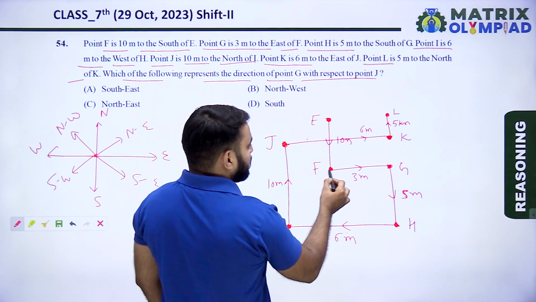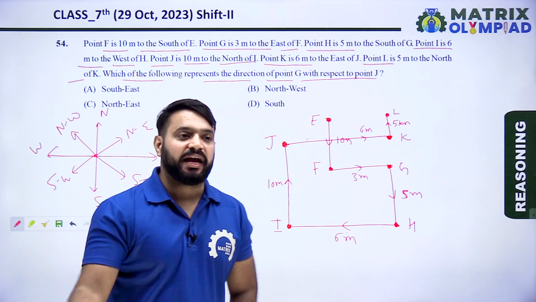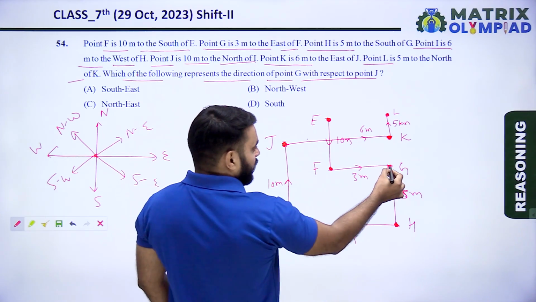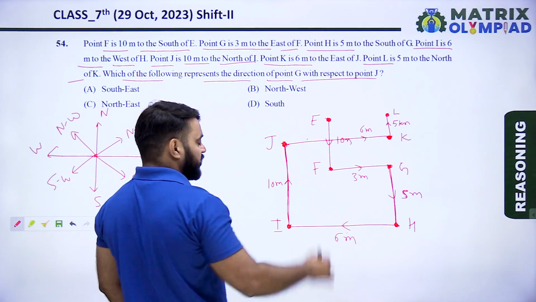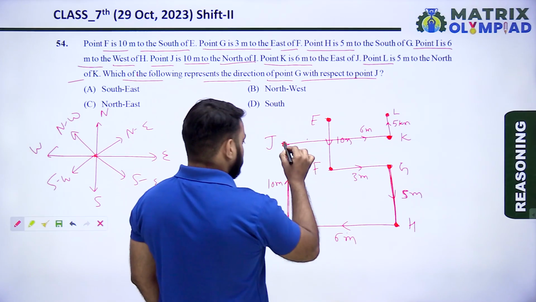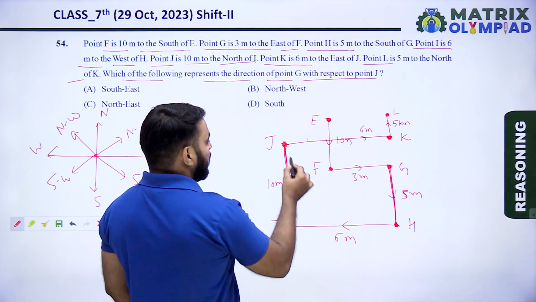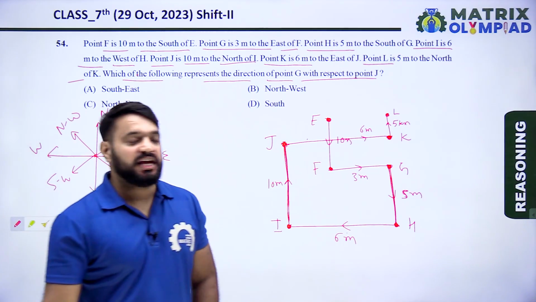G, F, G will not be in the same line because the value of this line is 5 and the value of this line is 10. These two lines are not equal.